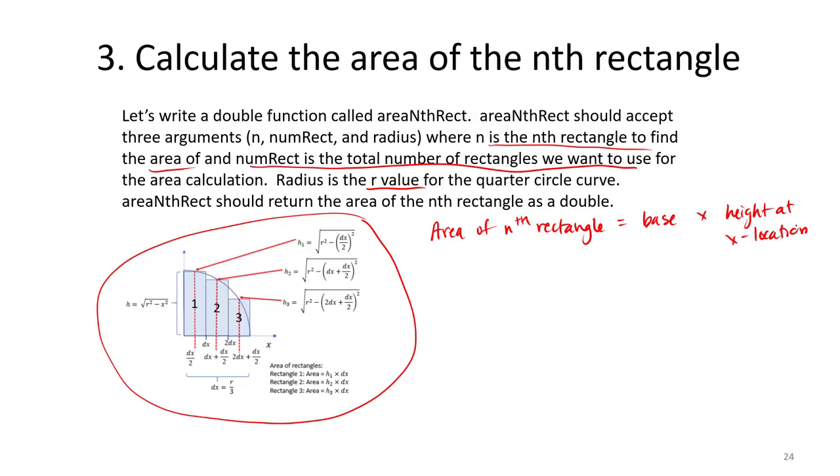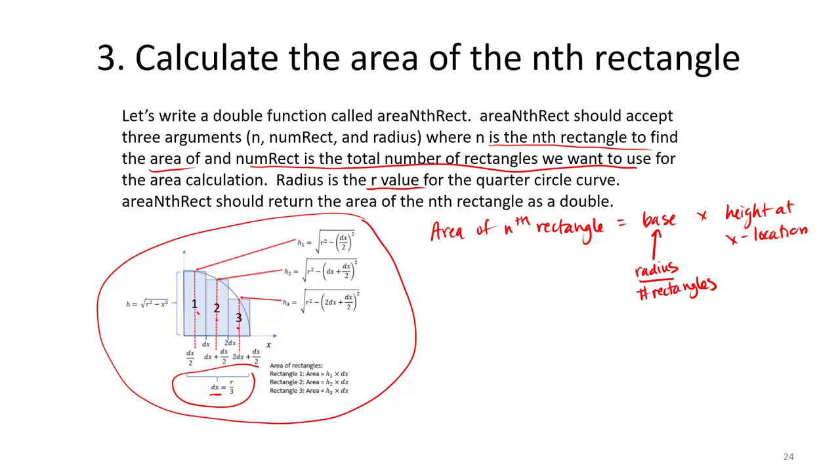Well, what do we know about our base? Well, we know that our base is just going to be our radius that our user had provided divided by the number of rectangles. So in the case of this figure, we see that our base dx is just equal to our radius divided by 3 rectangles for the example.